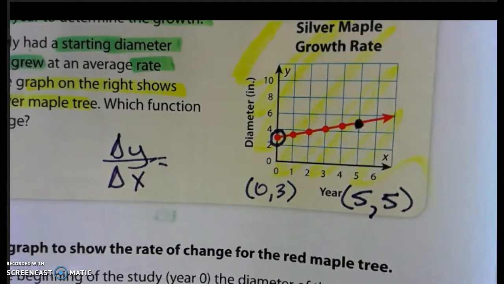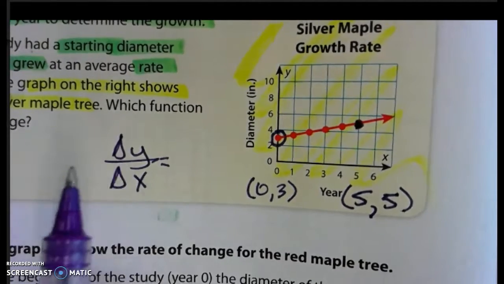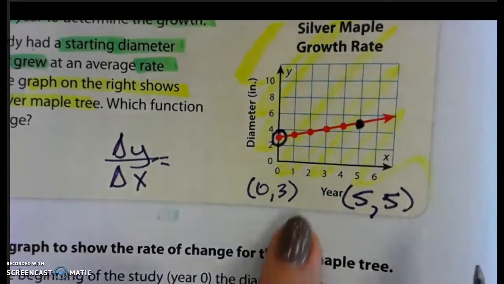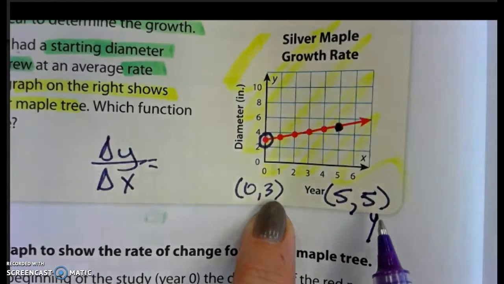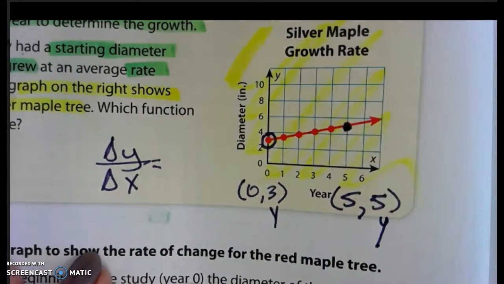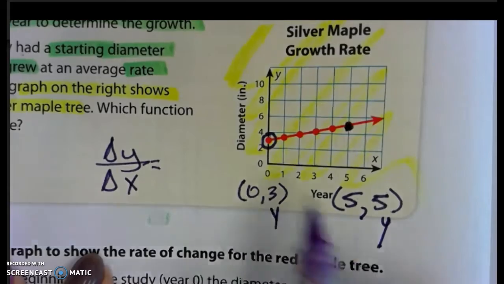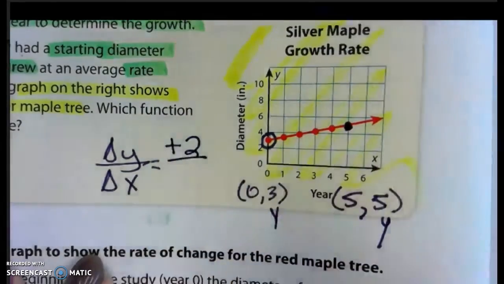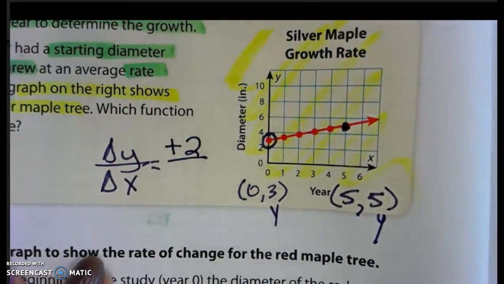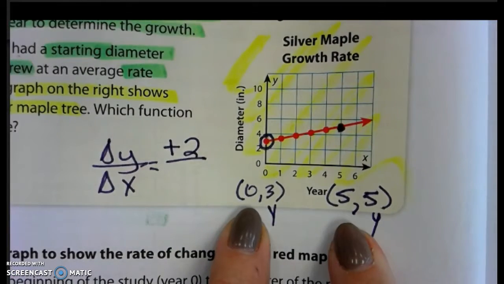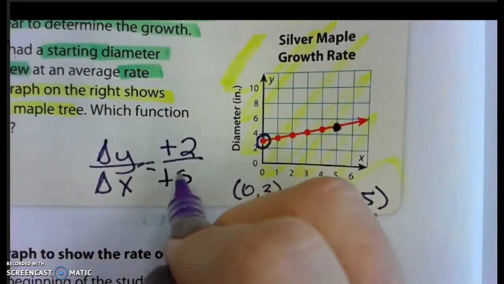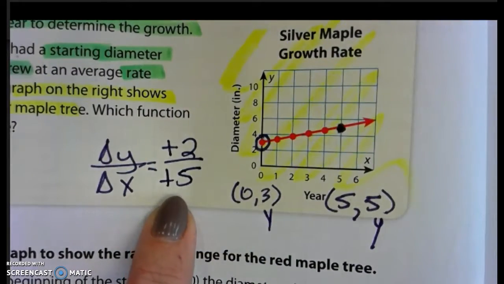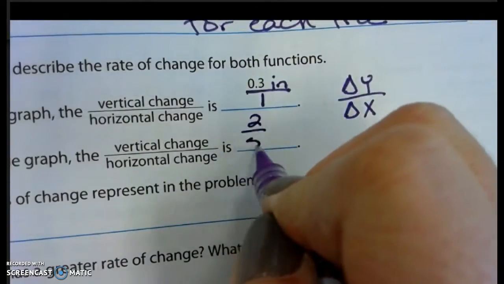Now, if we want to calculate the change, remember delta y, change in y. From 3, remember y's are the second number. From 3 to 5, how much change is that? Plus 2 or minus 2? Positive 2 is our change in y. My change in x, how much from 0 to 5? Plus or minus? Plus 5. So our rate of change for the silver maple is positive 2 over positive 5.